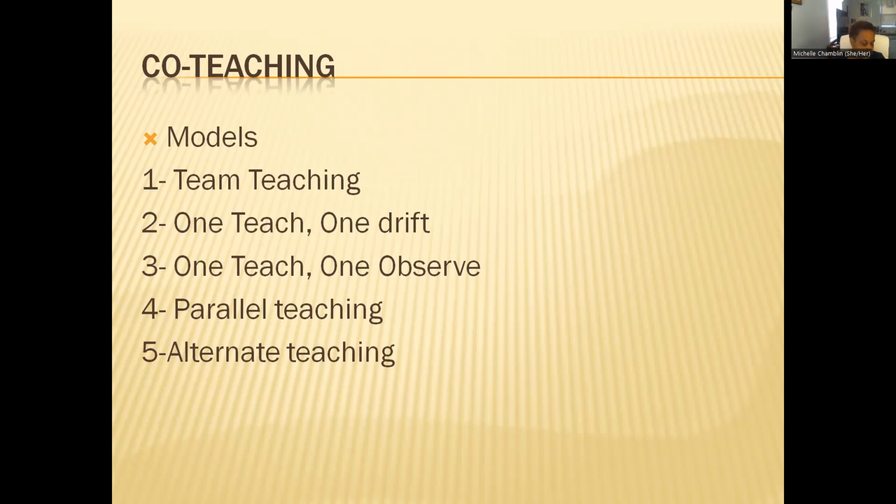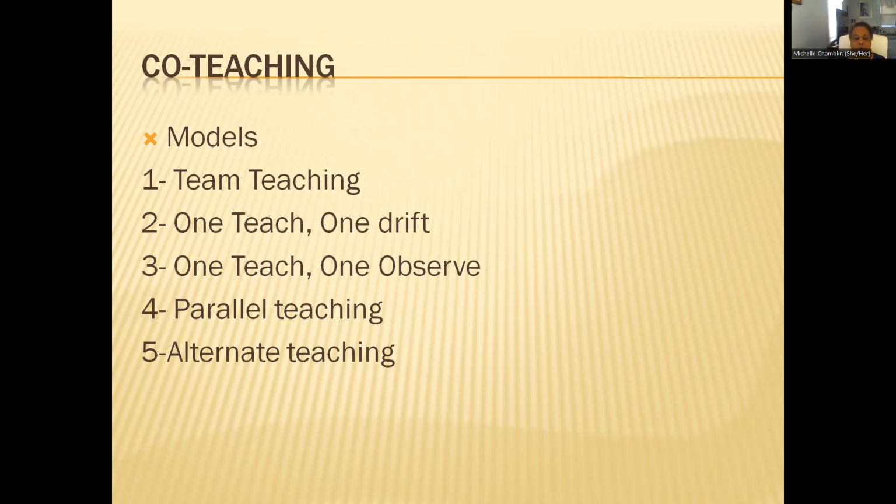So let me just take a look at where this is in your reading, just to double check that I gave you that correctly. Okay, so in alternative teaching, one teacher leads the larger group while the other teacher, often the special education teacher, provides additional practice or strategies to students who may require additional support.